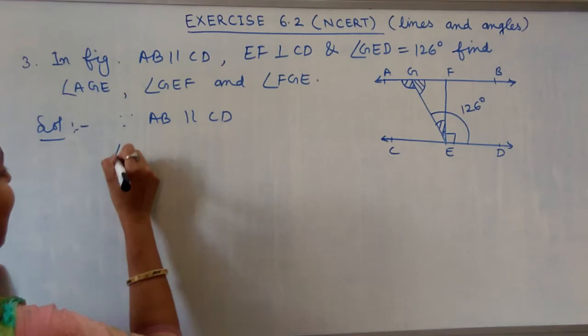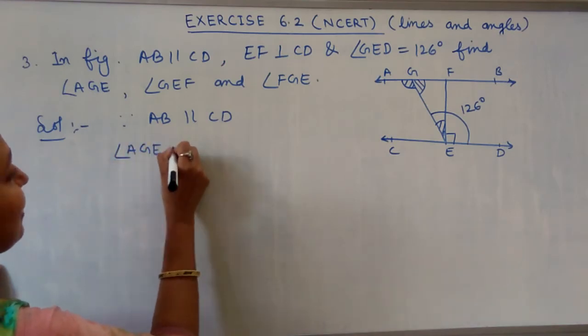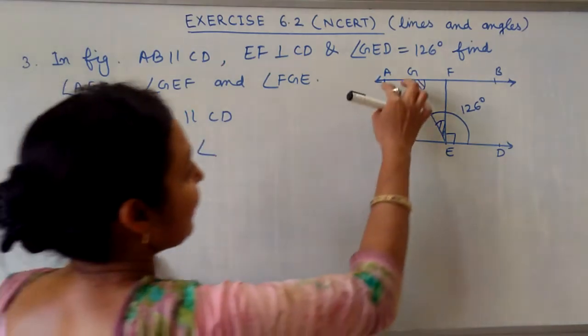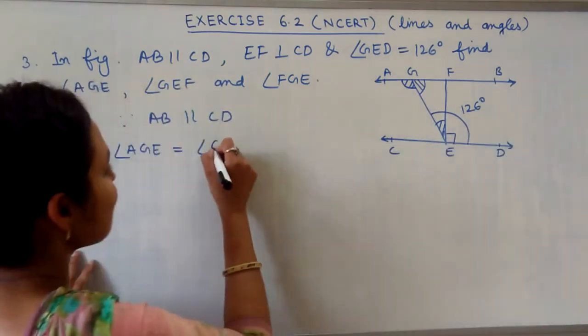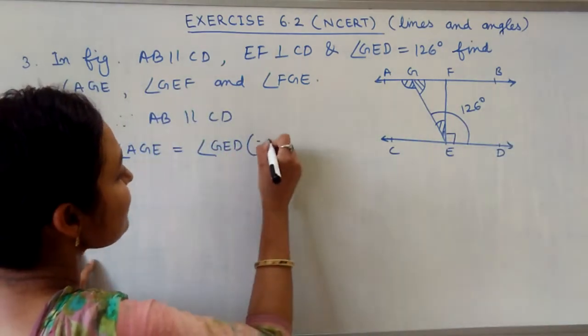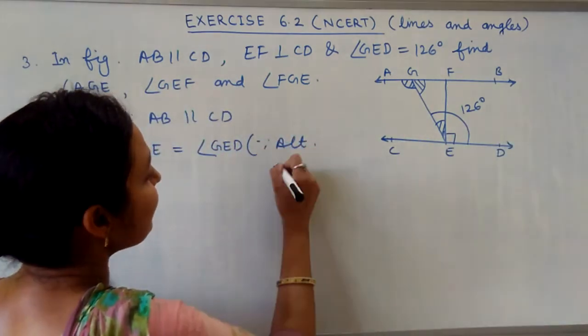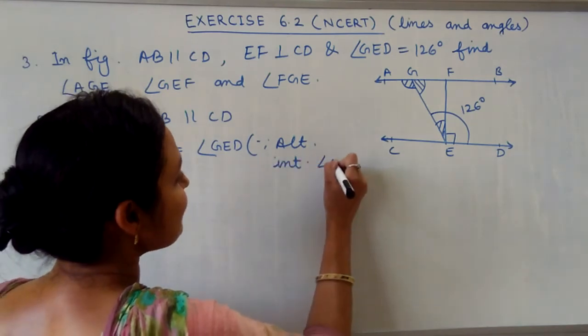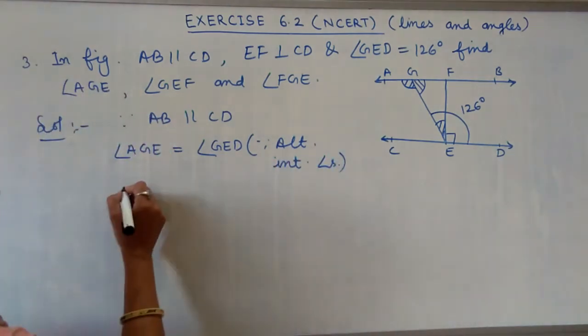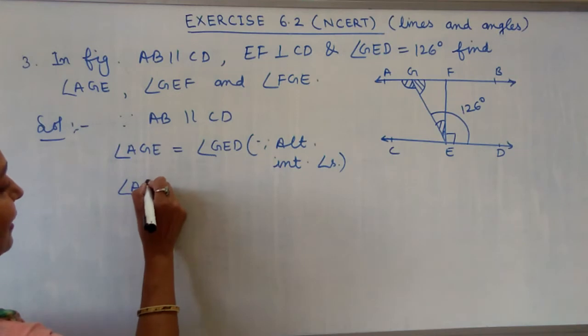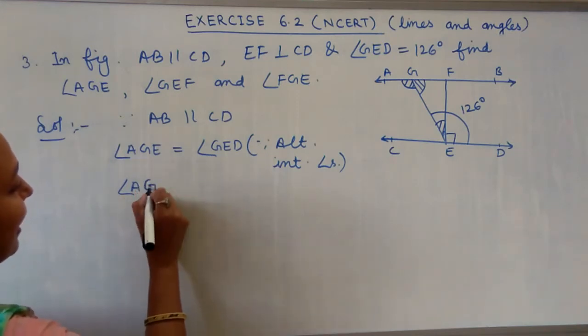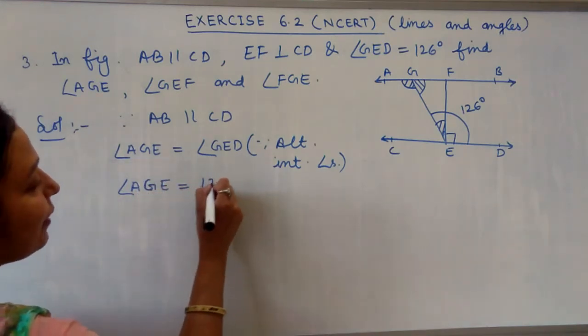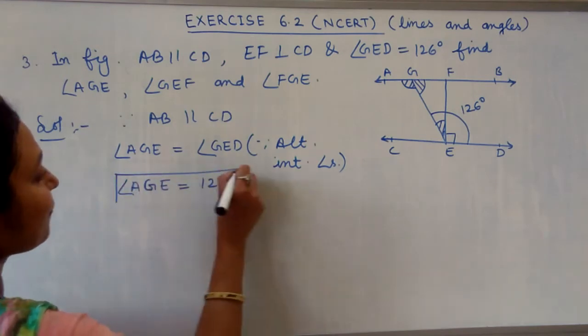Angle AGE is equal to angle GED because of alternate interior angles, right? The angle AGE is equal to 126 degrees. So this is one of the angles.